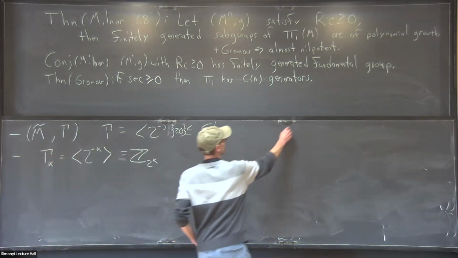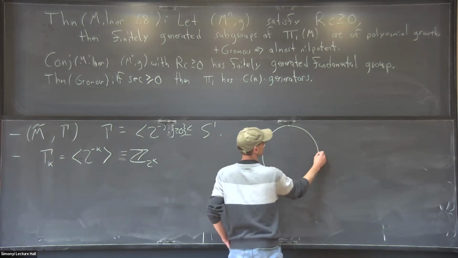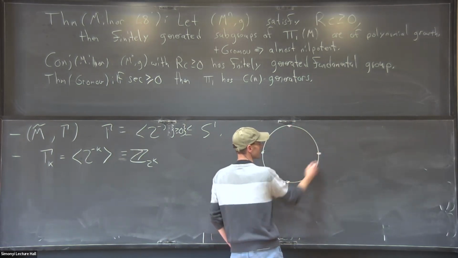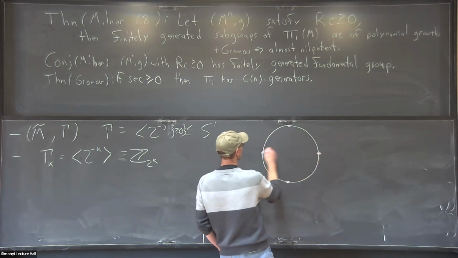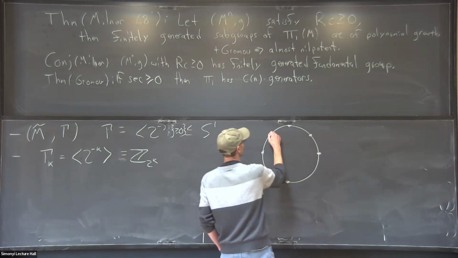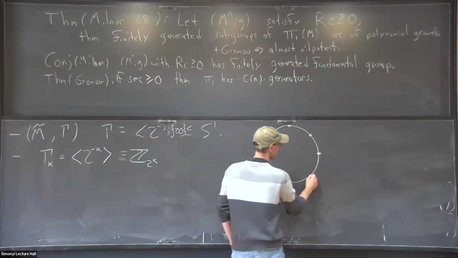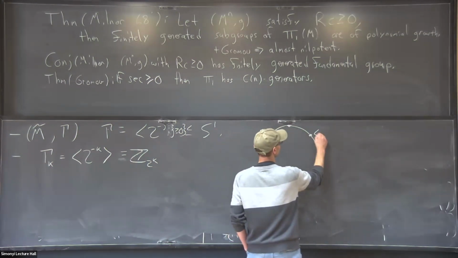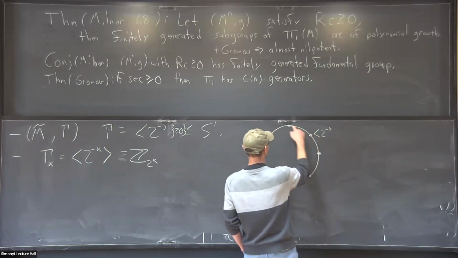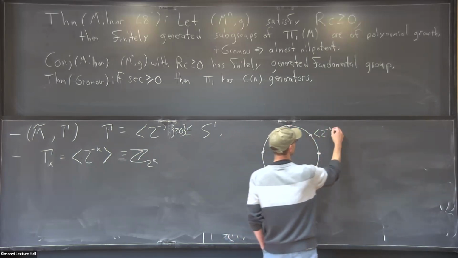So think of this as a circle. Our gamma naught is this, our gamma 1 is this and this, our gamma 2 is this and this and this. And every time we go up, we double the number of points inside of this. So this is 2 to the minus 3, and 2, 3, 4, 5, 6, 7, 8, yes.